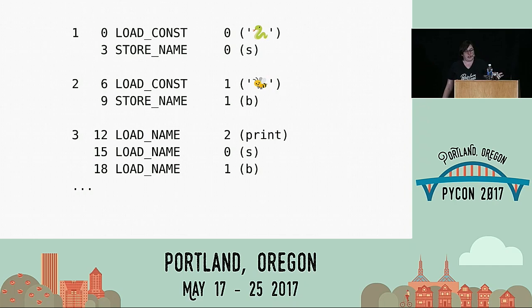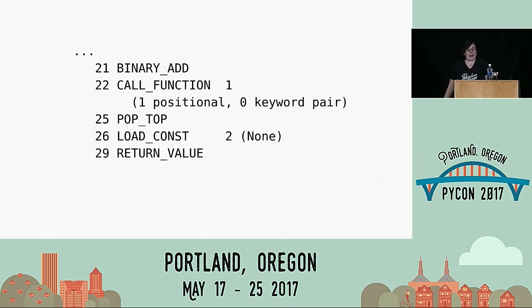We have the first line, which is one variable, the second line, which is another variable, and then we load print, we load S, we load B, and then we have a binary addition. We call a function, we get the result of the function, and then we load a constant and return, and we do interesting things. This is all CPython does under the hood.